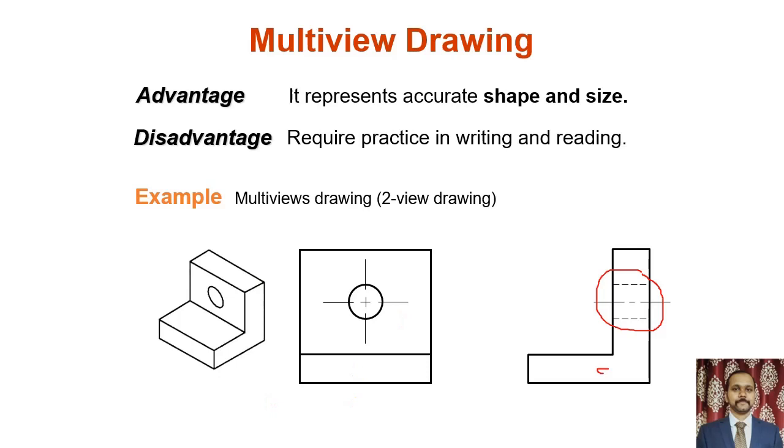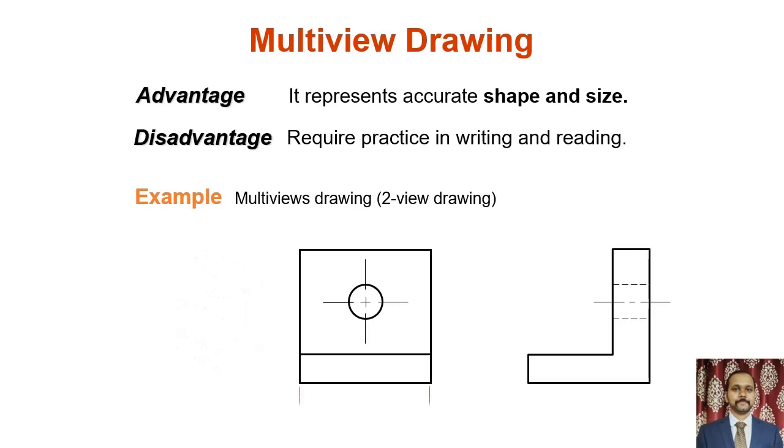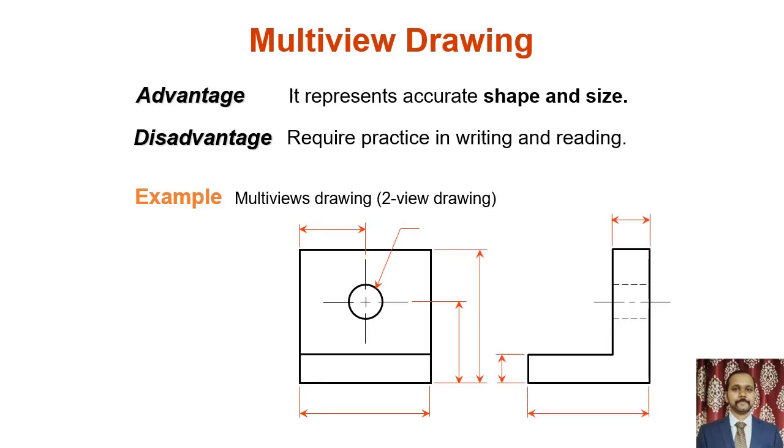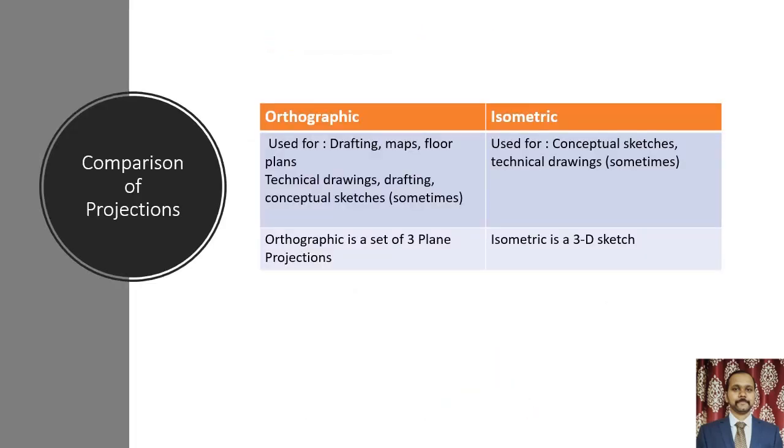If you see this, okay, so we'll talk about the difference between this multi-view and axonometric. That means if you talk about 2D drawing and 3D drawing. Okay, so here are some dimensions we need to give while drawing this 2D view. Okay, what is the comparison between these two types of projection?